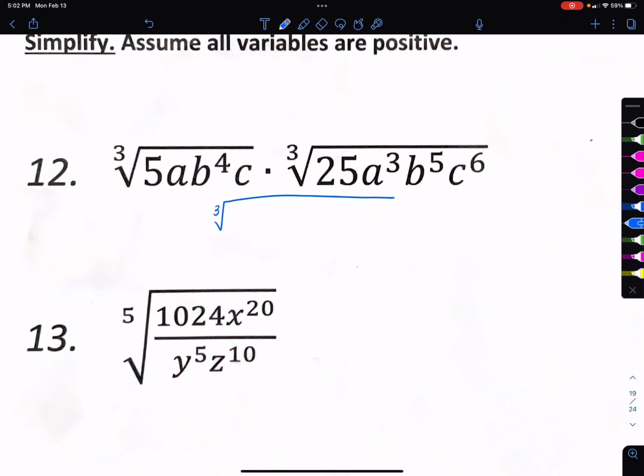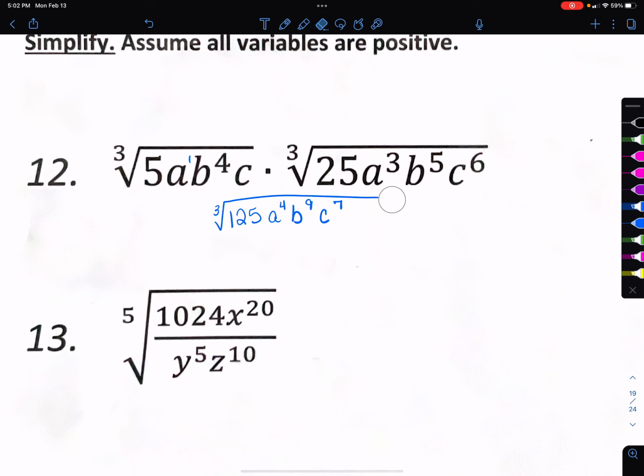So 5 times 25 gives me 125. A to the first times a to the third, we add the exponents, so that gives me a to the fourth. B to the fourth times b to the fifth gives me b to the ninth. And c to the first times c to the sixth gives me c to the seventh.